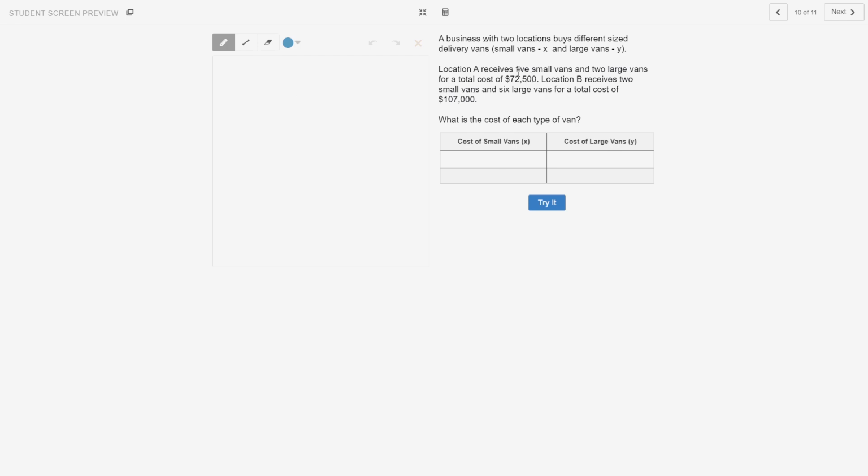A location receives 5 small, so 5X, and 2 large, 2Y, for $72,500. And then location B receives 2 small, so that's going to be 2X, and 6 large for $107,000.